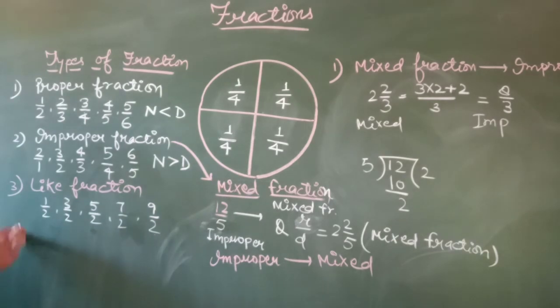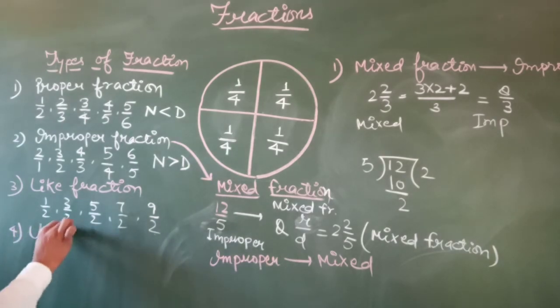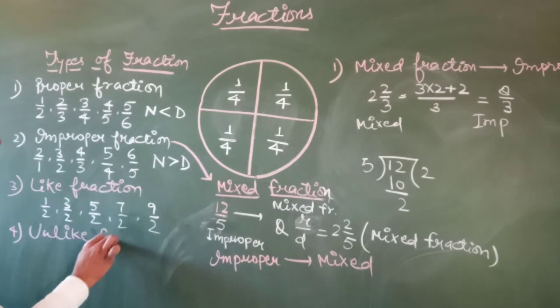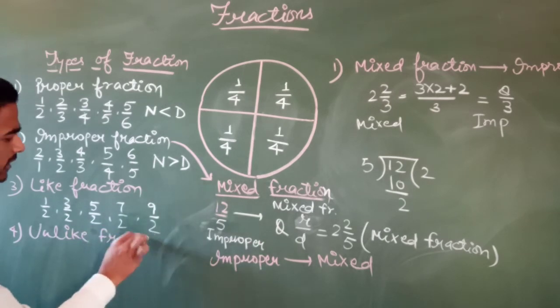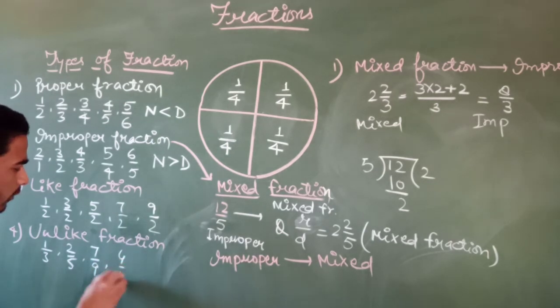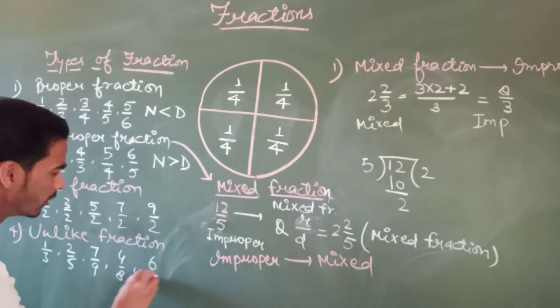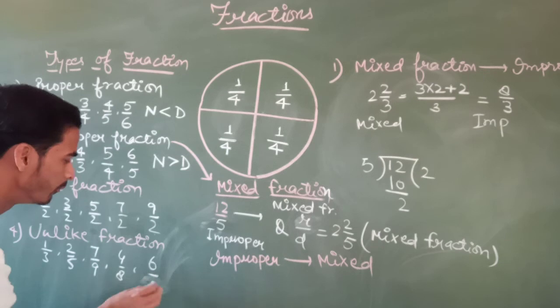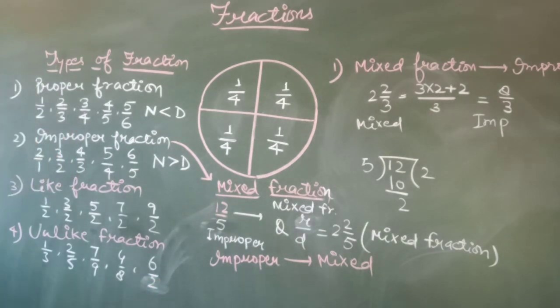And fourth is unlike fraction. In unlike fractions, the denominators are different from each other: 1 by 3, 2 by 5, 7 by 9, 4 by 8, 6 by 5, 6 by 2. These are called unlike fractions.